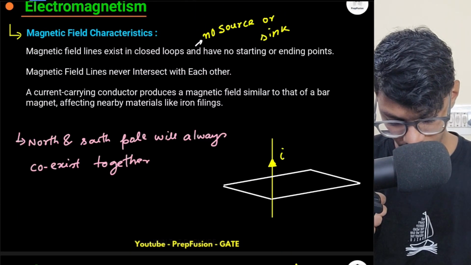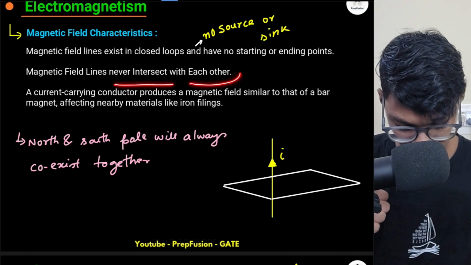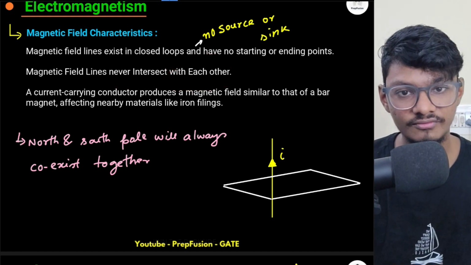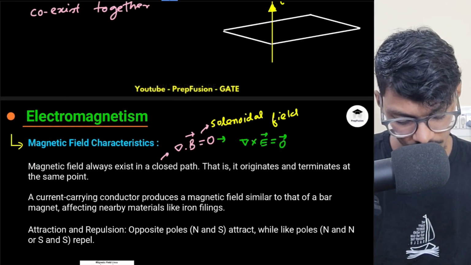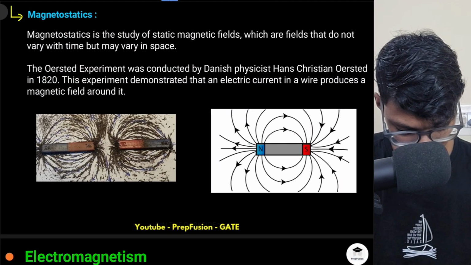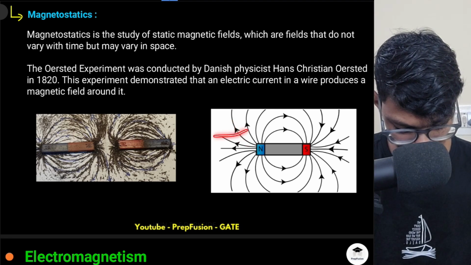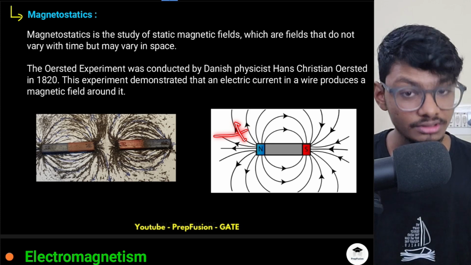Then let's read the second point. What is the second point? Magnetic field lines never intersect with each other, same as electric field lines. Why? Because let's say I have a magnetic field line here and another one like this. If both of these magnetic field lines are here, then what will happen?